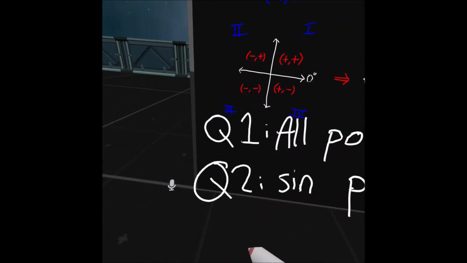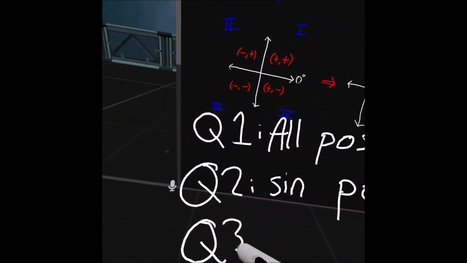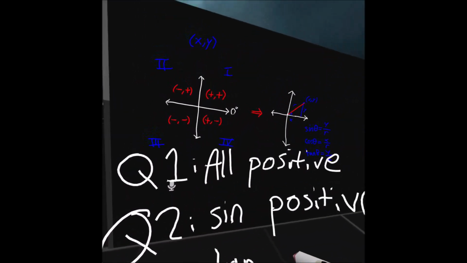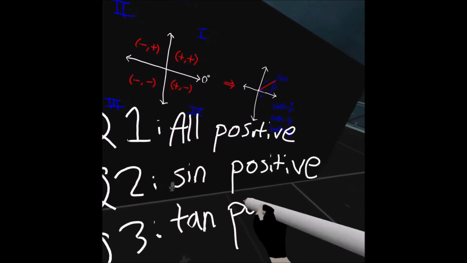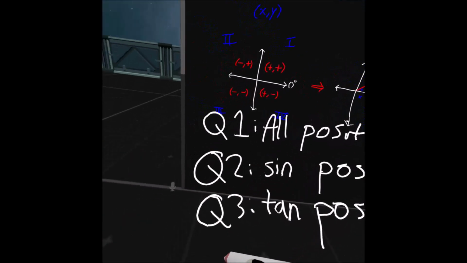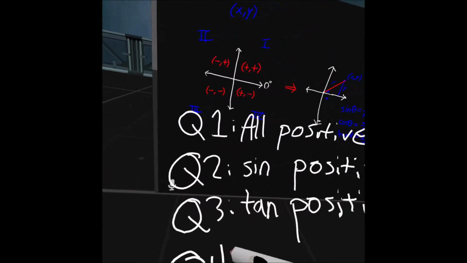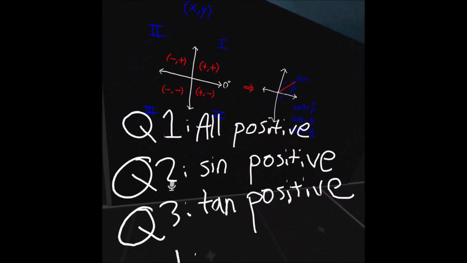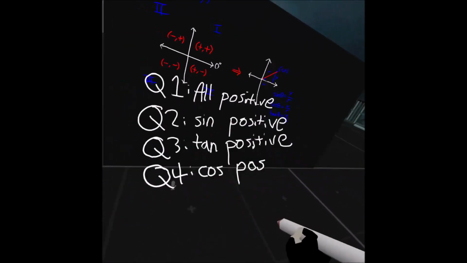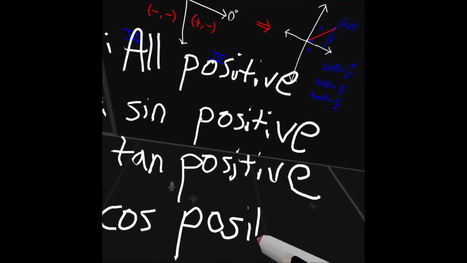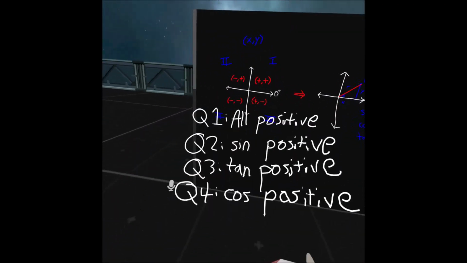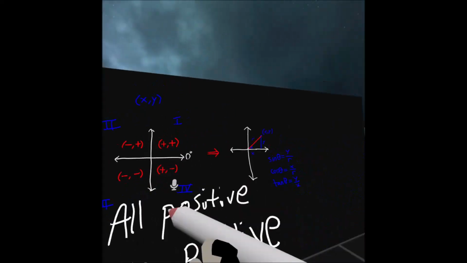All right. Quadrant 3, tangent is positive because negative and negative. And in quadrant 4, cosine is positive. All right. So that's that. So that's this concept here.